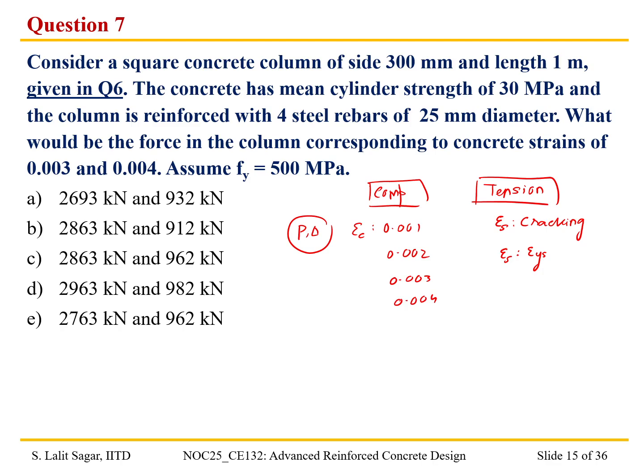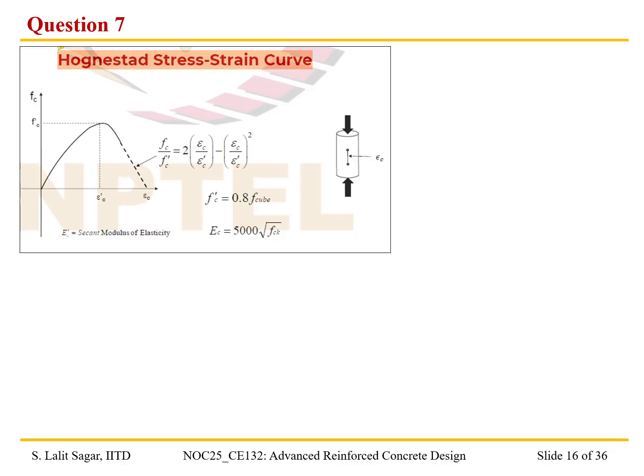So we have a lot of questions to solve today, so I will go ahead and start the solution part. We can always come back and discuss if you have any doubts. Again, because it is a normal strength concrete, we are going to take the help of this Hognestad stress strain curve, right? And we have epsilon c is equal to 0.003.